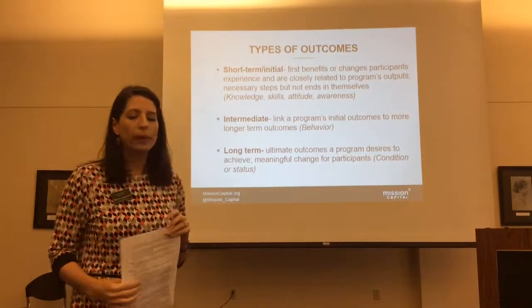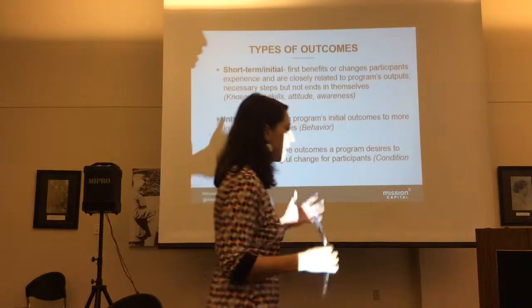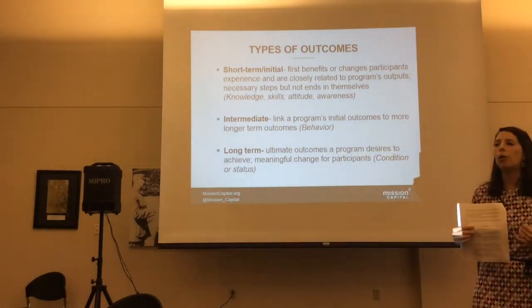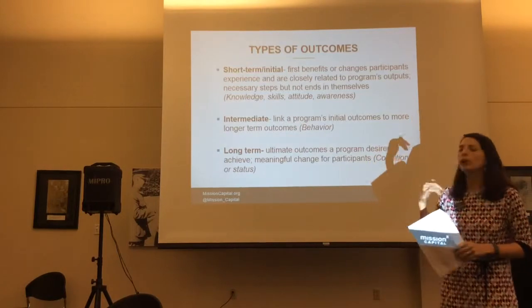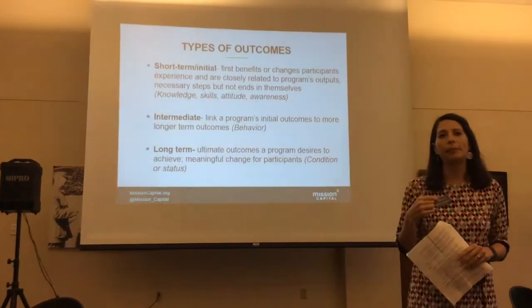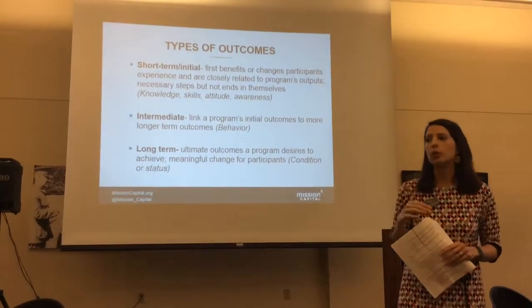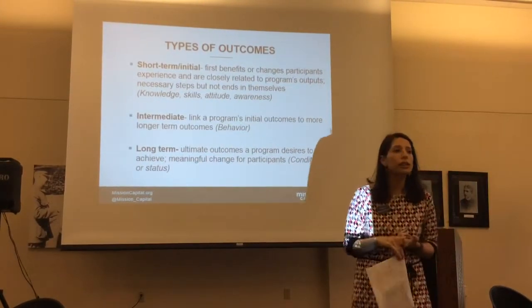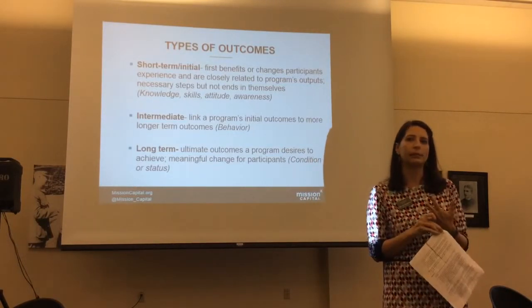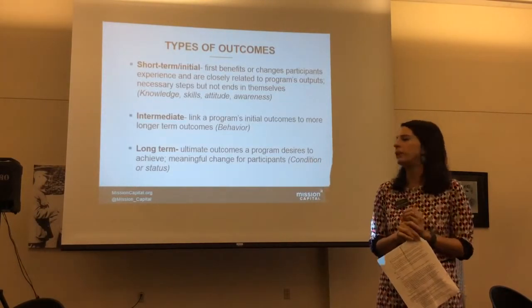With outcomes, again, we've been talking about this as changes or results, and there are different types of outcomes. Short-term outcomes are some of those initial changes that you would see from your participants. That could be things like changes in knowledge or skills or attitude or awareness. It's those first changes that you're going to be seeing.